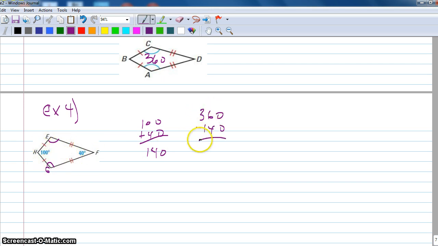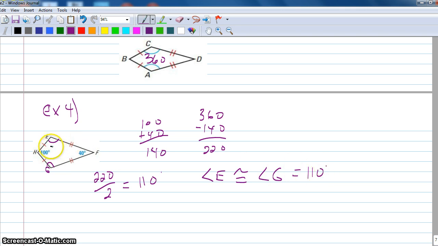Subtract the 140. There's 220 left over. And since these two are exactly the same number, 220 over 2. And that gives you 110 degrees. So angle E is the same as angle G, which is 110 degrees. So 110, 110.